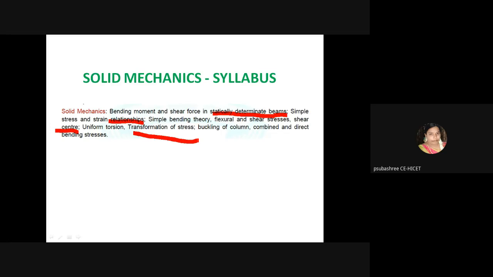Then buckling of column. Long column and short column. It covers various theories used to determine the critical load. The first one is Euler's theory, and the second one is Rankine's theory. Buckling of column is to determine the crippling load, the failure load or buckling load.